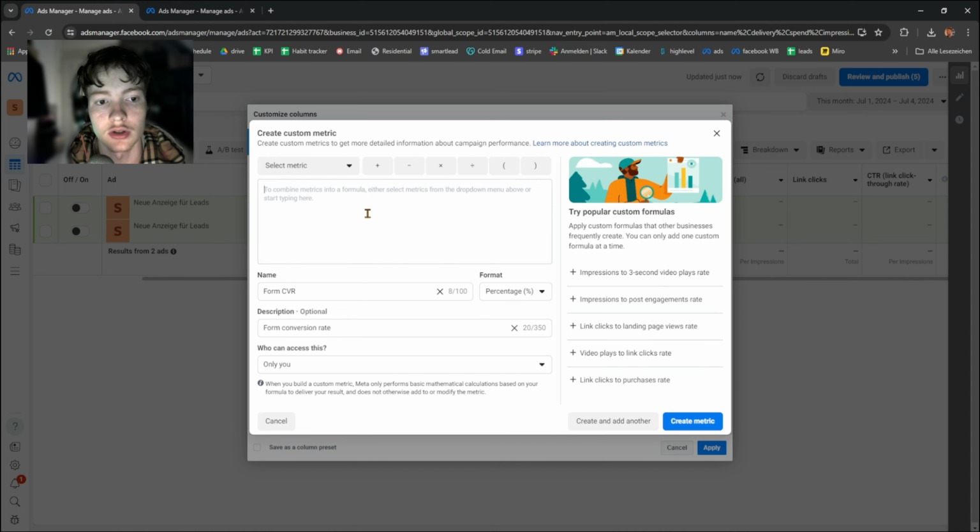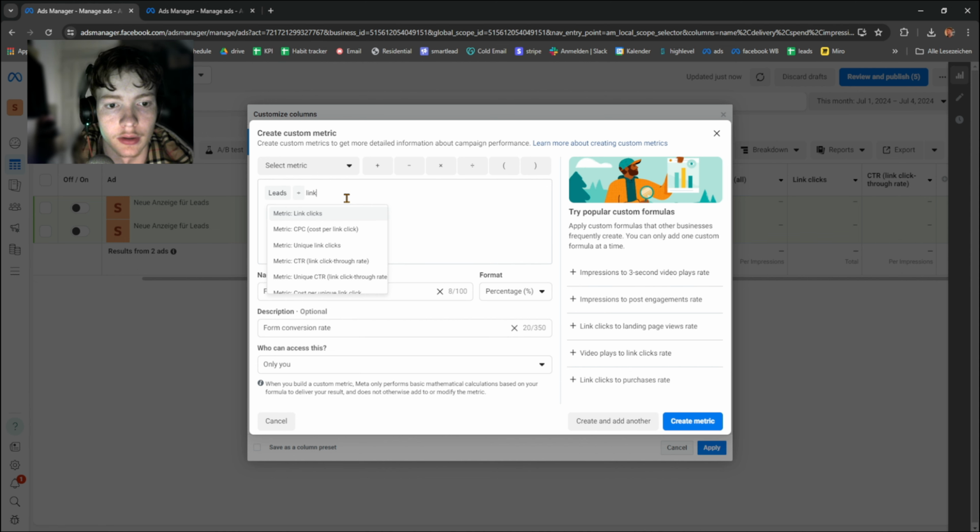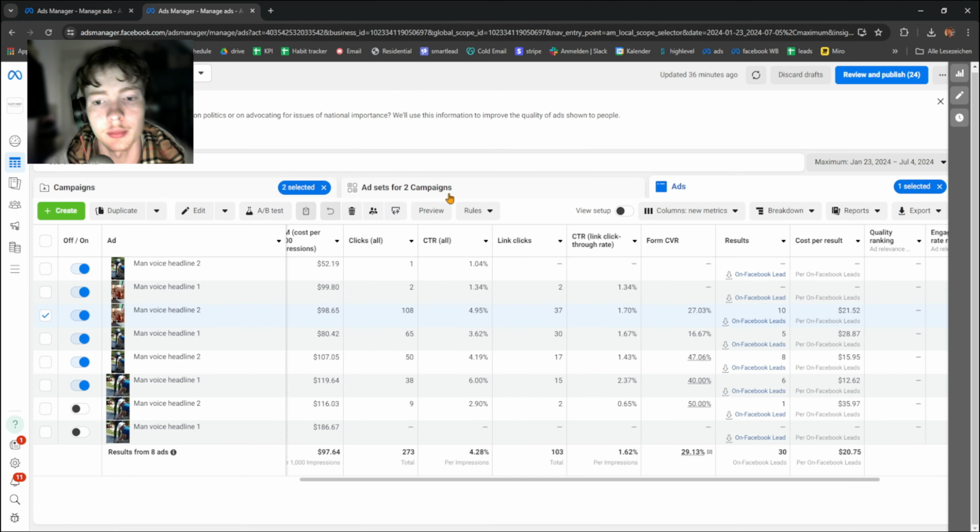And then what you want to do right here is type in leads divided by link clicks. Why? Because you can see here we got 37 link clicks and we got 10 leads out of this. And now we want to see how much percent 10 leads is out of 37 link clicks.